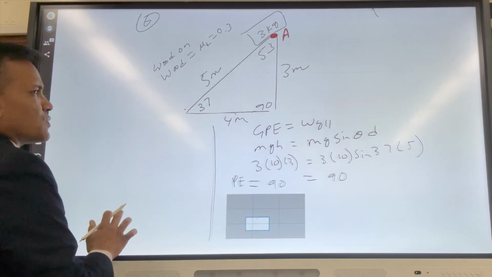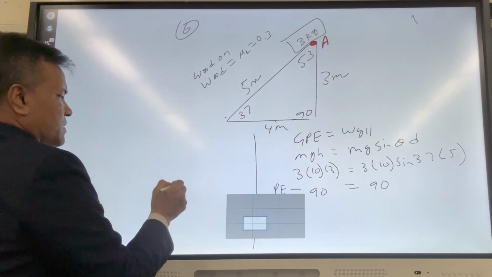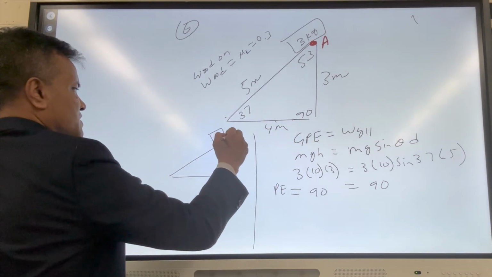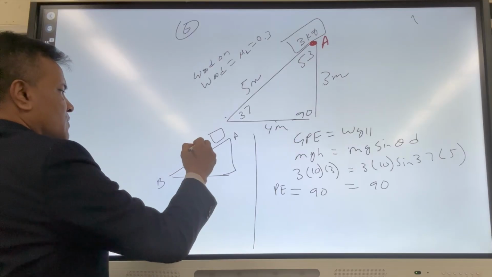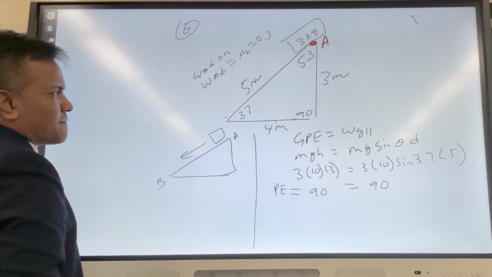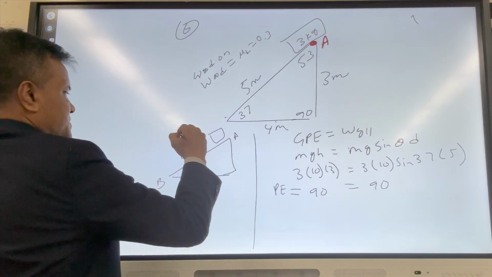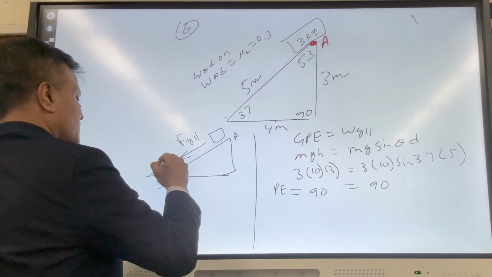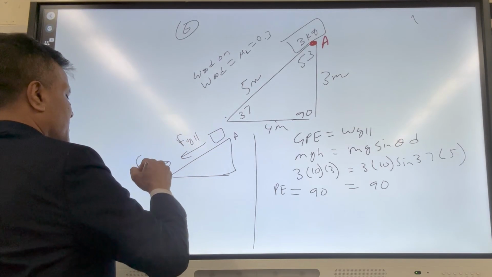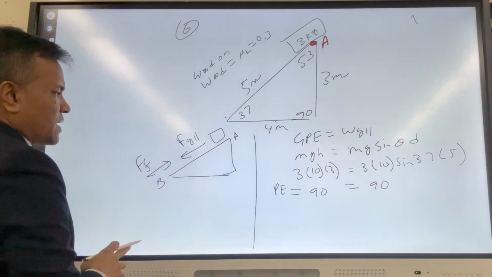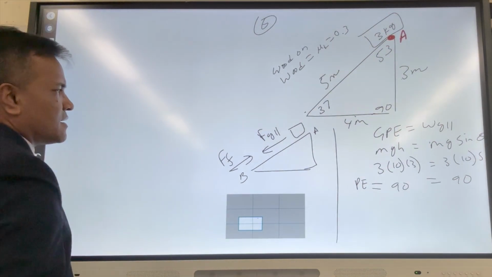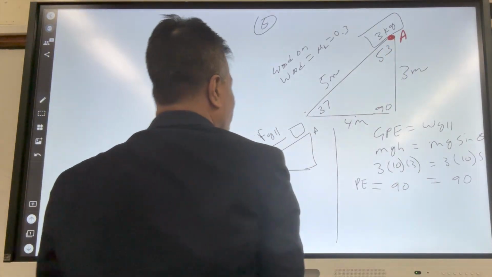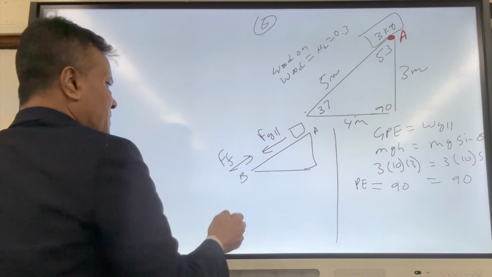Now let's use the force diagram for this one. What are the forces responsible for this to move from A to B? Only one force, and that is Fg parallel. And how many forces are involved in slowing it down? Only one, friction, Ff. So right here we have 90.